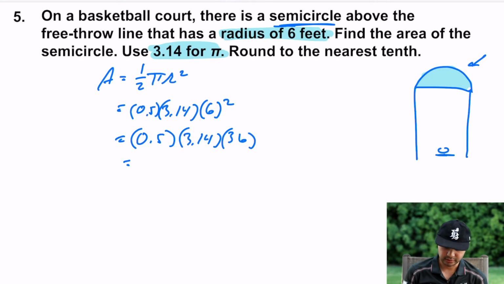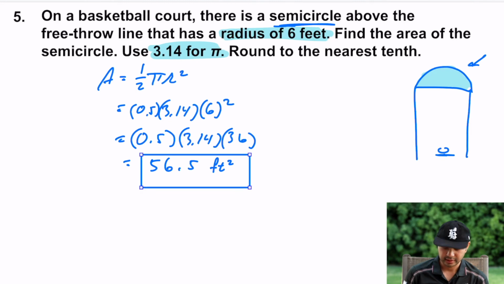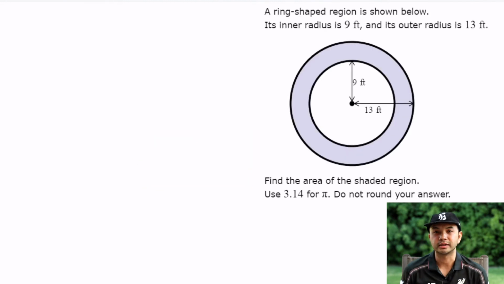That would be 56.52. Again, you can use a calculator. That's not really the purpose of this exercise. It's that you actually know how to use the formula and know when to use it. Okay, so we're not done yet because it says round to nearest tenth, and that is feet squared. 56.5 square feet, about. All right, so we have an example problem here from Alex.